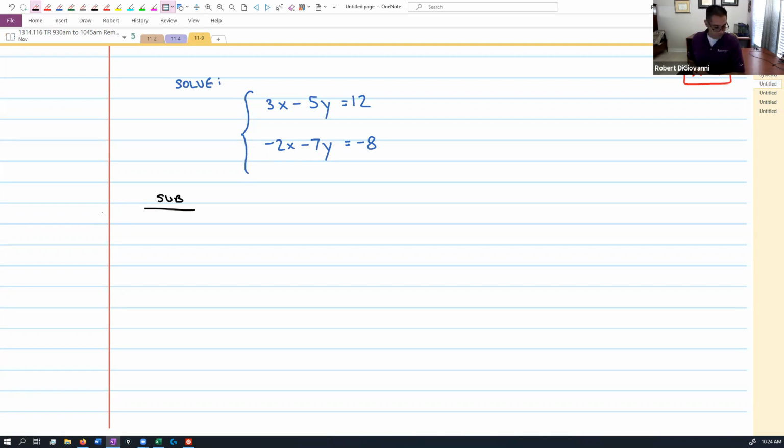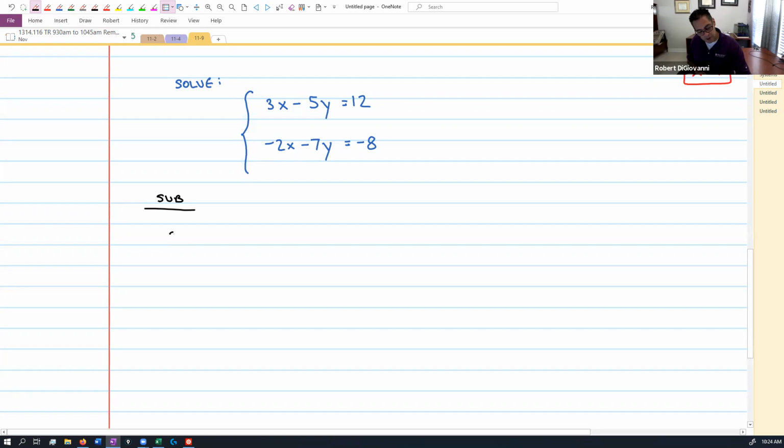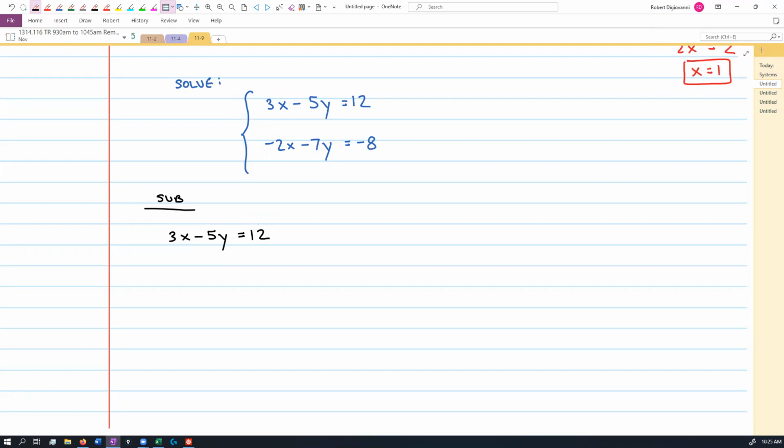What do you want? 3x minus 5y equals 12. Okay, so we're going to pick the first equation. What do you want me to solve for? X or Y? I think they both equally suck, but it's up to you. Y. You want to go for Y? Okay.